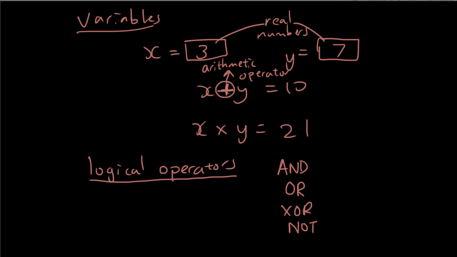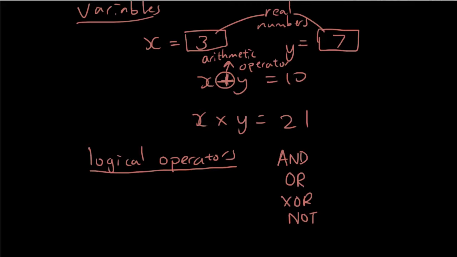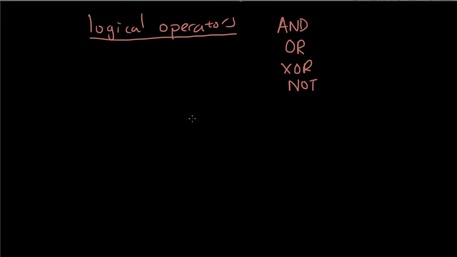So these are pretty much the few things that you see in the Google animation that they made. All right, x and y, x or y, x xor y, not x. So let's talk about what they are, the logical operators.